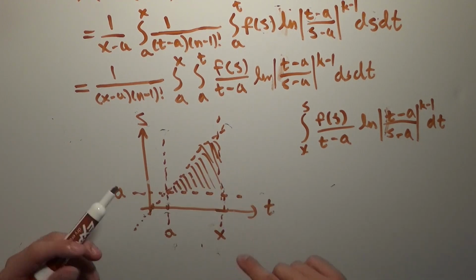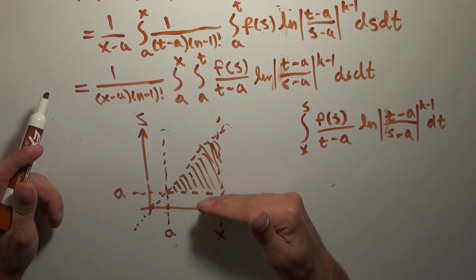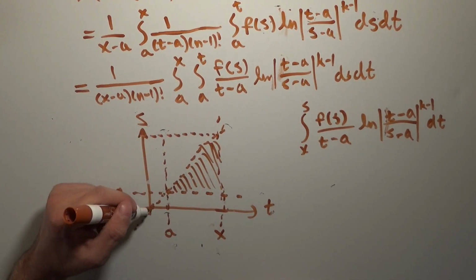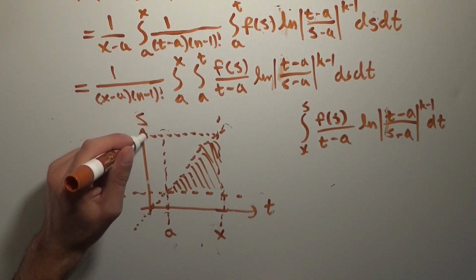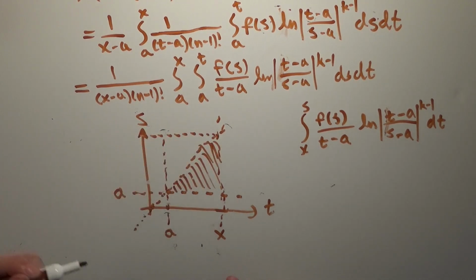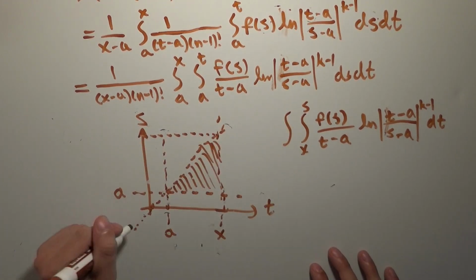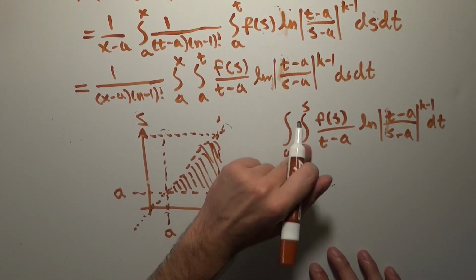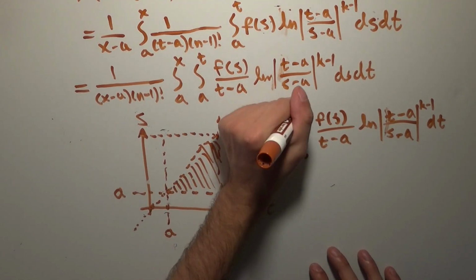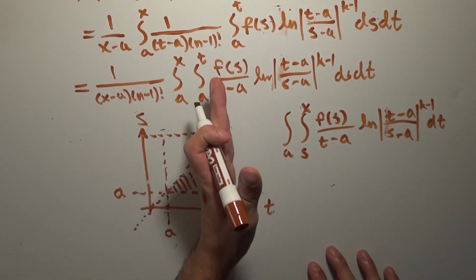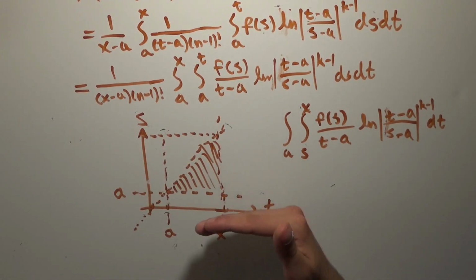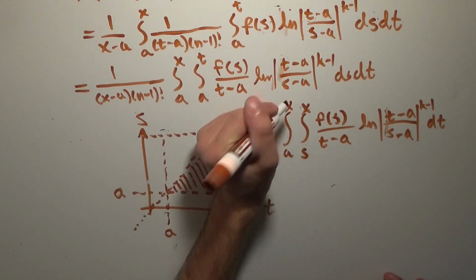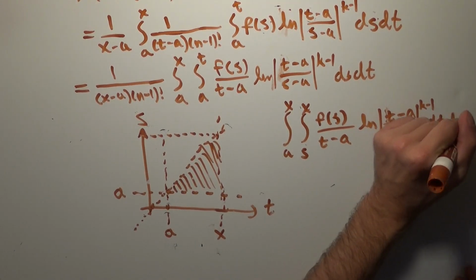Now we're integrating over s, and we're going to be bounded by that anyway, so we can just go from a to x. This has to be x as well in the s world, because this is the function s equals t, so the s coordinate and the t coordinate must be the same. So this integral will just go from a to x. No, I'm sorry, this should have been from s to x, my mistake, because we're going from t equals s to x, and then in the s world we're going from a to x, like so. So those are the exchanged bounds of integration.